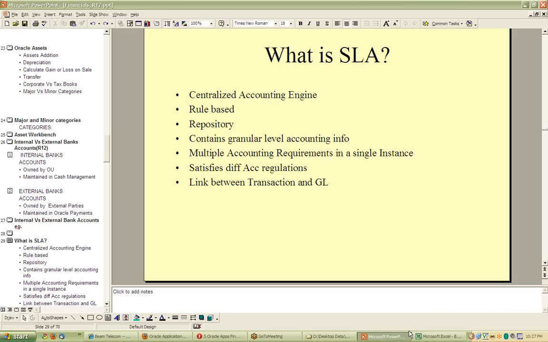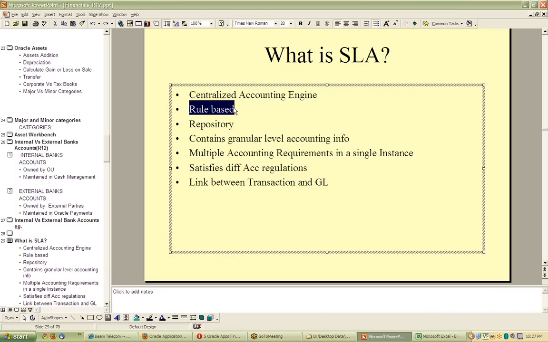Let's say you have an invoice that gets validated. Quite naturally, as per the rules defined in subledger accounting, the supplier account gets credited and the item account gets debited. So all this accounting entry is rule based. We have various rules that are inbuilt in subledger accounting, based on which accounting takes place. It contains a granular level of accounting information, a very detailed level of which account code against which cost center.